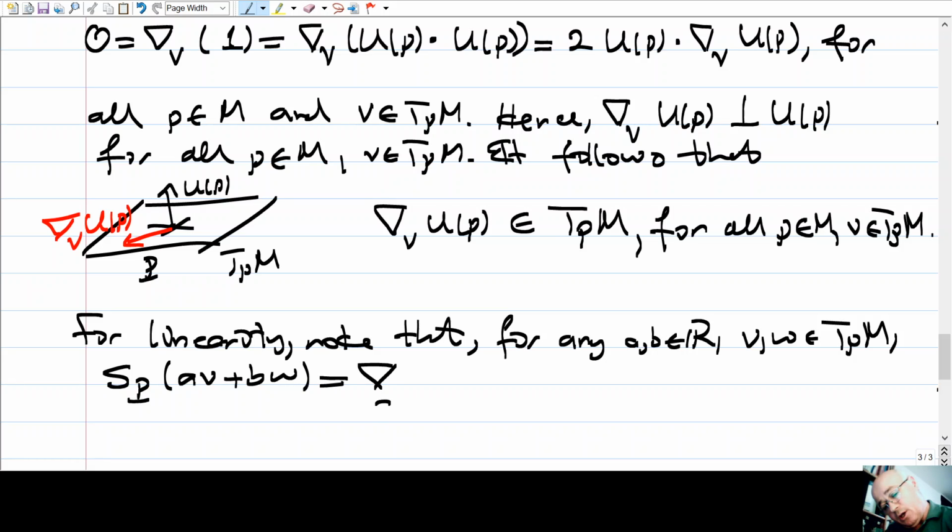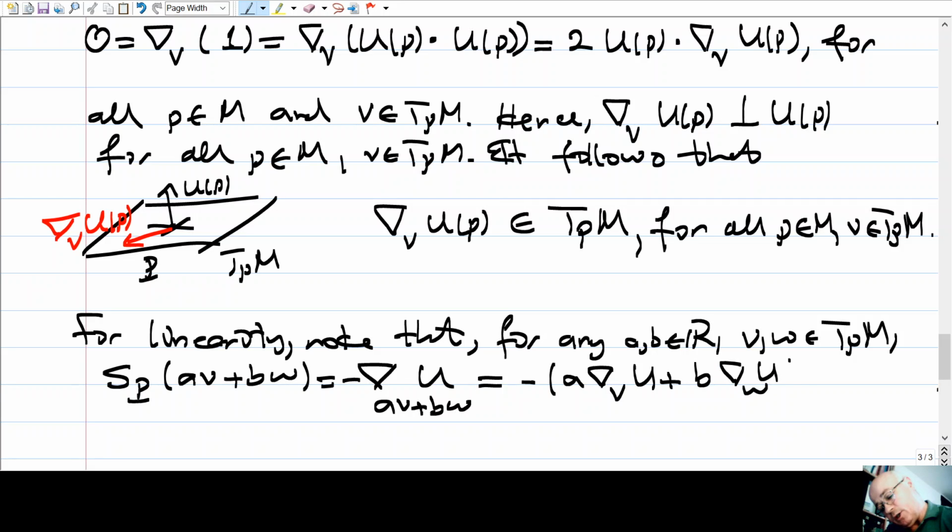This is by definition minus the covariant derivative along the vector aV plus bW of the normal vector field U. But we know from the properties of the covariant derivative that this is just a times the derivative of U along the vector V plus b times the derivative of U along the vector W.